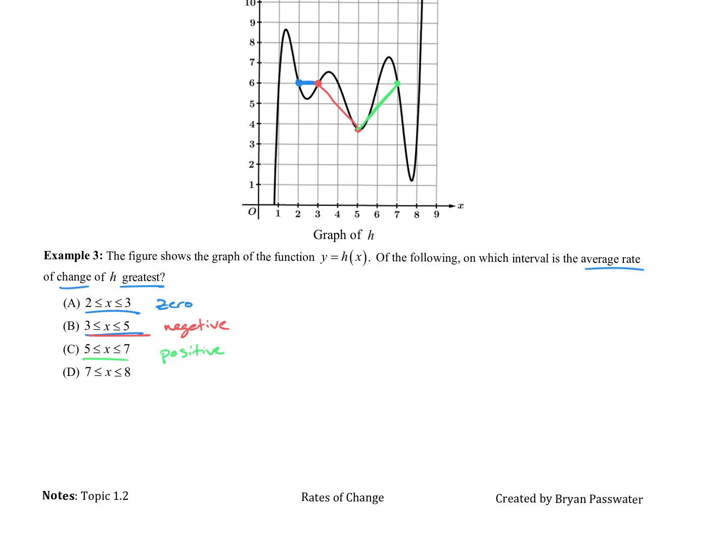And then how about 7 to 8? 7's up here at 6, and where's 8 at? 3. And so what's going on with 7 to 8? Negative. That's a negative rate of change. So which one's the greatest average rate of change? C. So the only one that's positive, my average rate of change is the greatest. Pretty good?